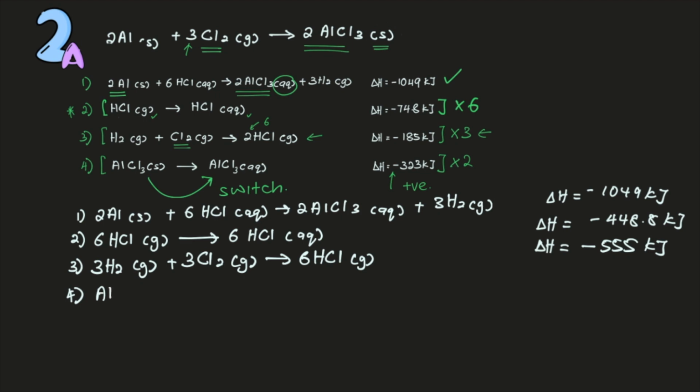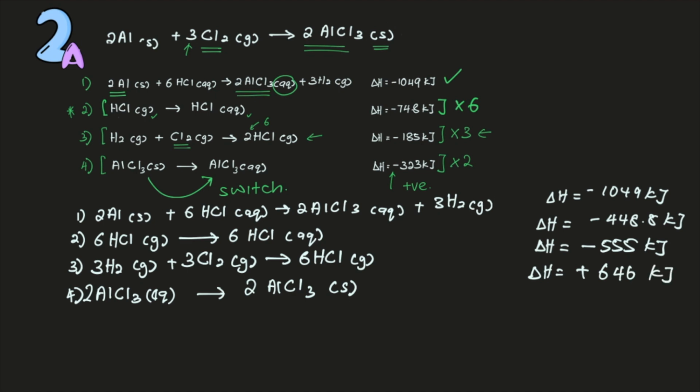And the last equation, which is equation number 4, you're going to switch it up. So AlCl3 in aqueous form, but you have already timesed 2, so we'll produce 2AlCl3 in solid form, and your delta H should be equivalent to positive, because you switch it up, so positive 646 kilojoules.